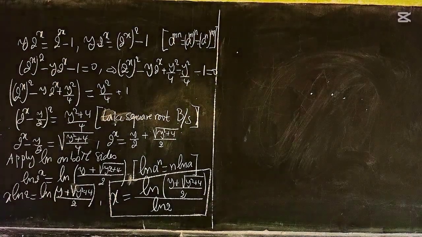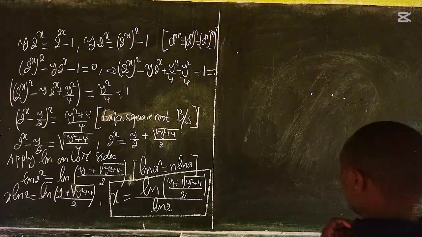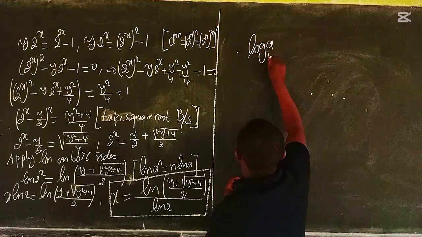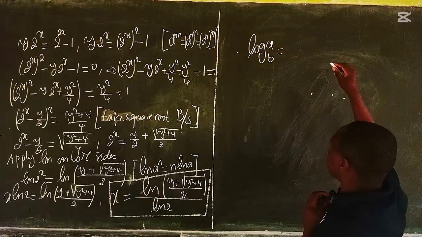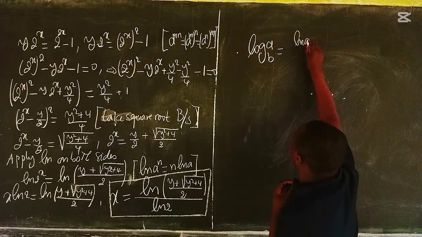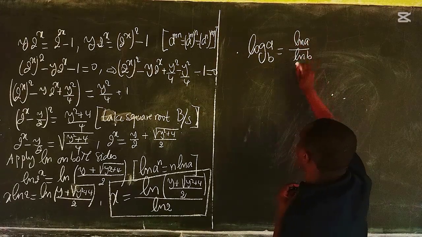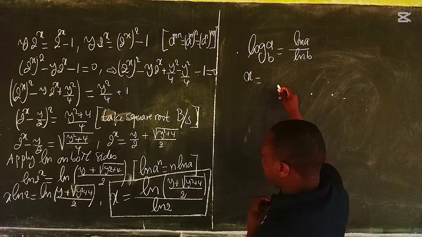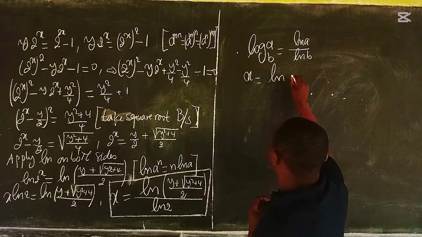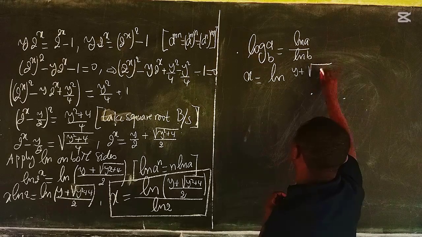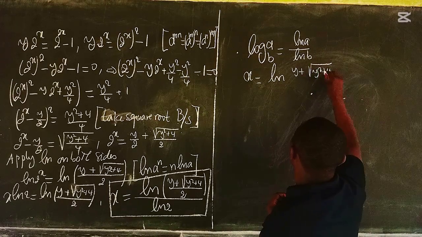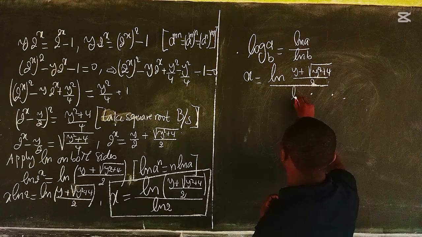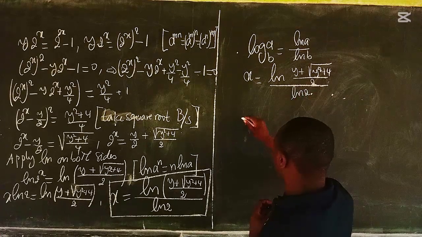We know that log a in base b can be written as ln a over ln b, and in our case we have x, which is ln of y plus the square root of y squared plus 4 over 2, over ln 2.